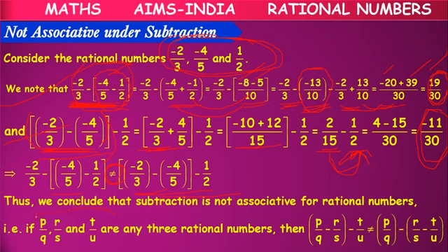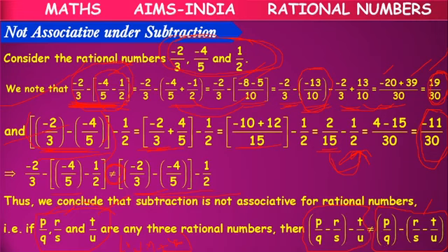It means if we have three rational numbers like P by Q, R by S, T by U, here the condition applies: Q, S, U not equal to 0. If we take three rational numbers, then the subtraction of three rational numbers in this order is not equal to the subtraction of rational numbers in the other order. Because the orders are different, their values will also become different.